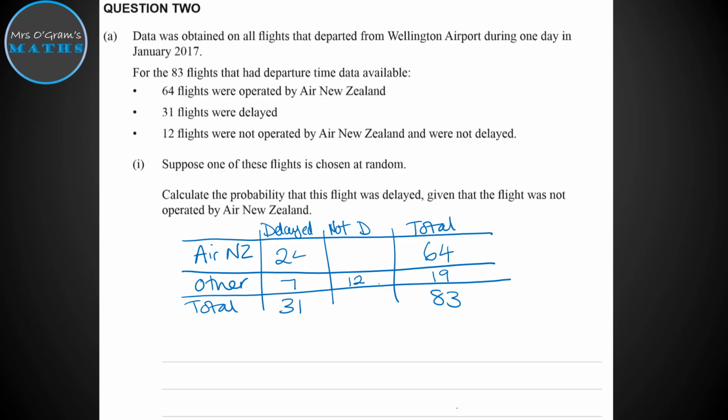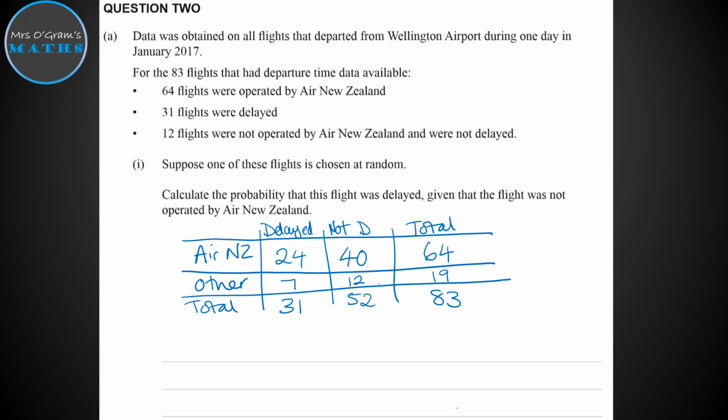So that's 24. We've got 64 minus 24 will give us the Air New Zealand flights that were not delayed. And then 40 plus 12 will give us 52 total that weren't delayed, and we should just double check that the delayed and the not delayed, the 31 and the 52 adds up to the 83, so we haven't made any mistakes along the way.